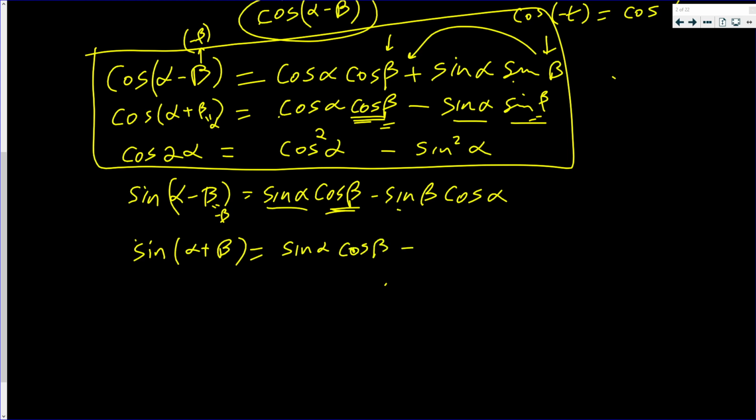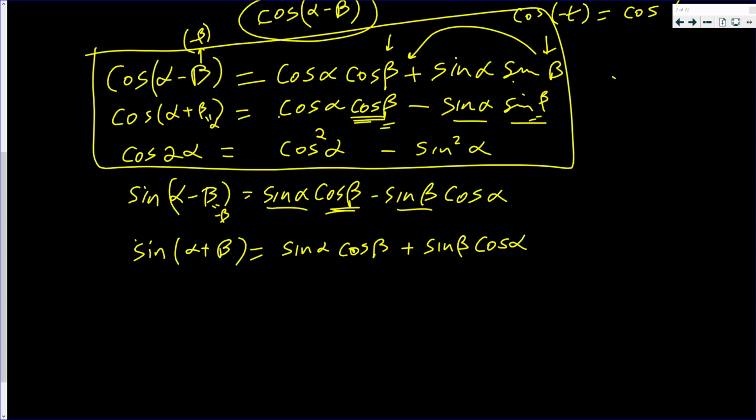And what happens here is when I replace beta with negative beta, I get the sine of negative beta, but I could ignore that minus sign as long as I negate everything. So it's just minus the sine of beta, positive sine of beta, sorry, plus cosine alpha.